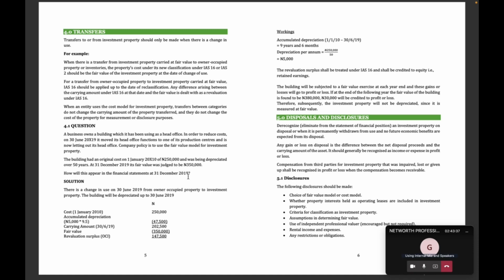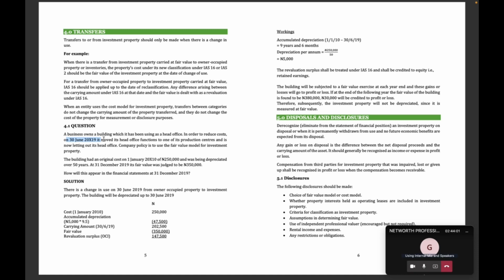All this is asking us, if you note, is that this asset as at 30th June 2019 stopped being a PPE and became an investment property.